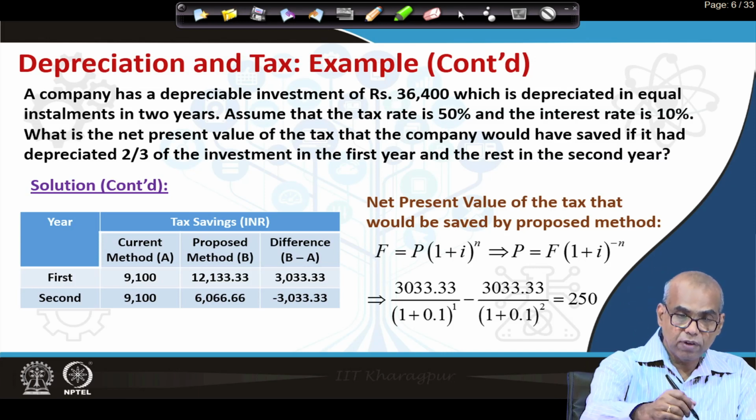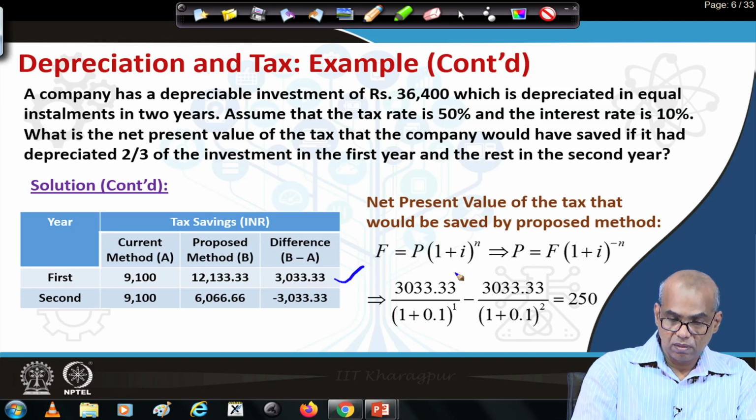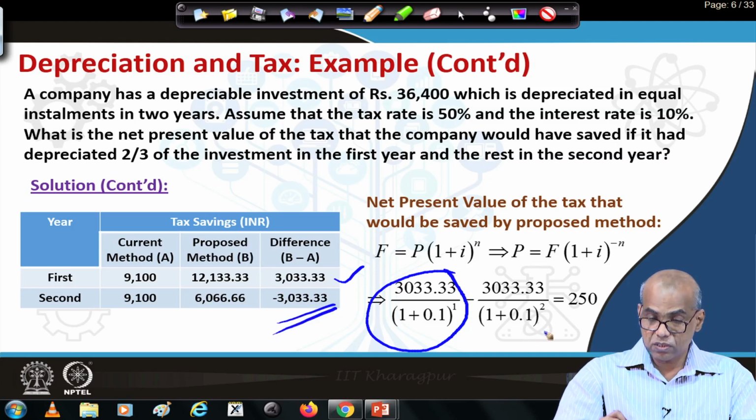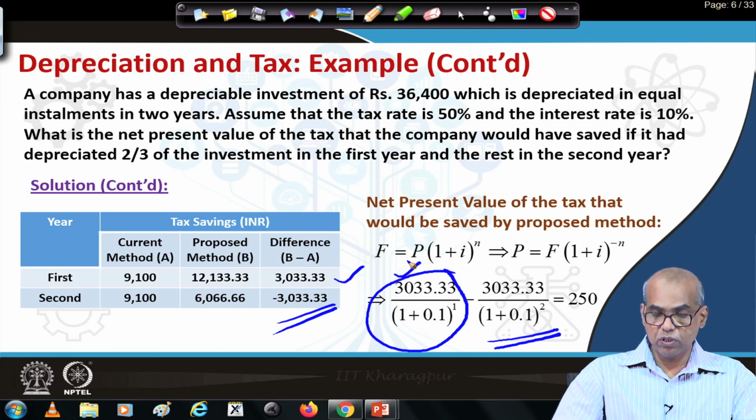So, the first one contributes this, the second one contributes minus 3033.33 divided by (1 plus 0.1) squared. Note that this is the second year. In the first year, you have savings of 3033.33, so that is divided by (1 plus 0.1) to the power 1.